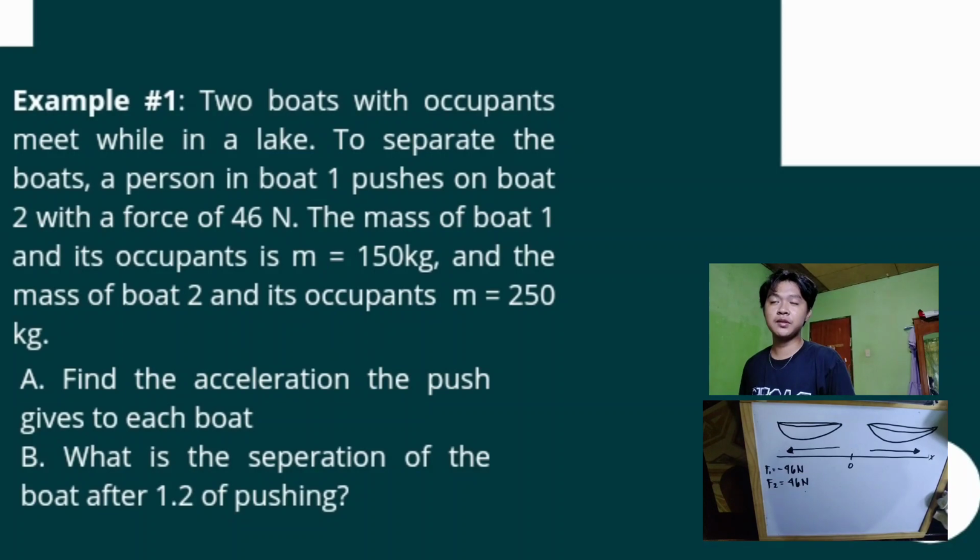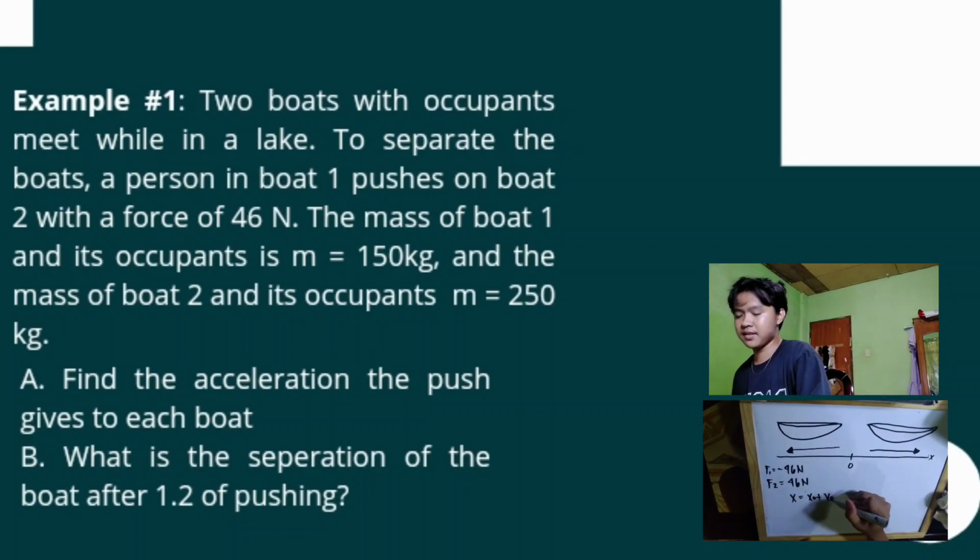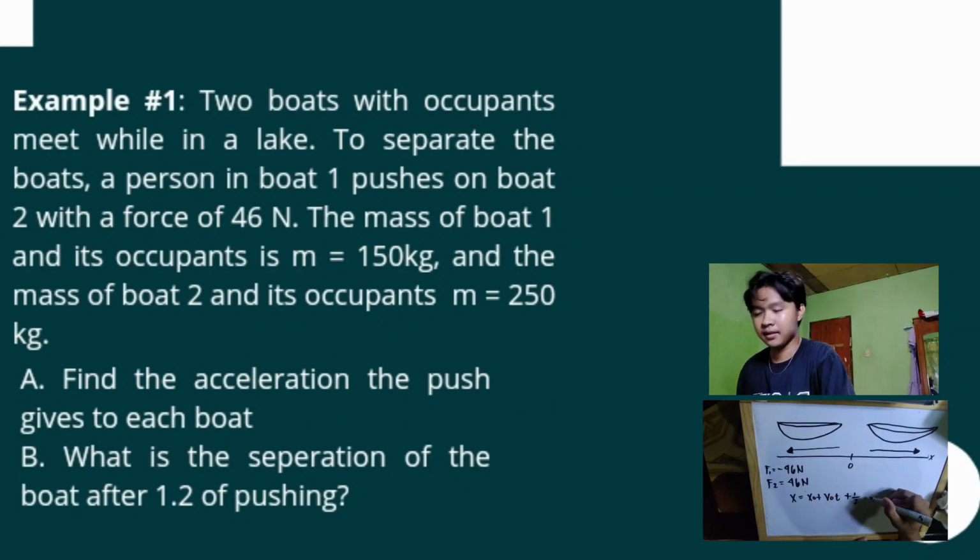So now, let's move to letter B. Sa letter B, we need to use the kinematic equation: x equals x sub o plus v sub o times time plus 1/2 a multiplied by t squared.